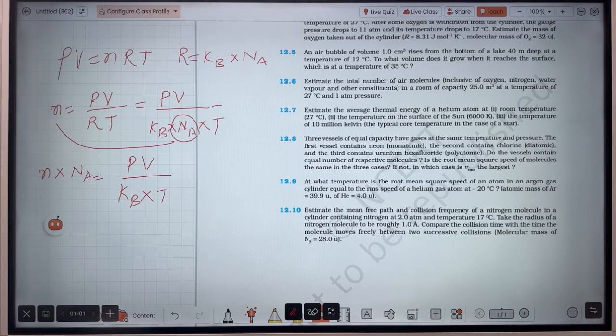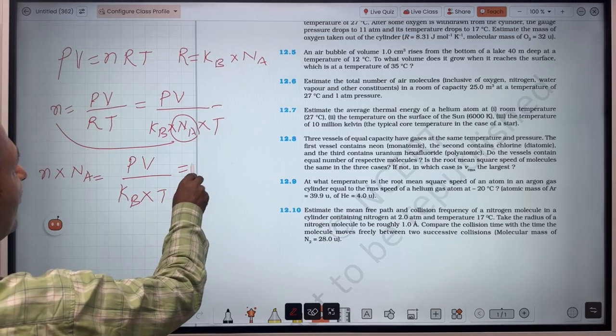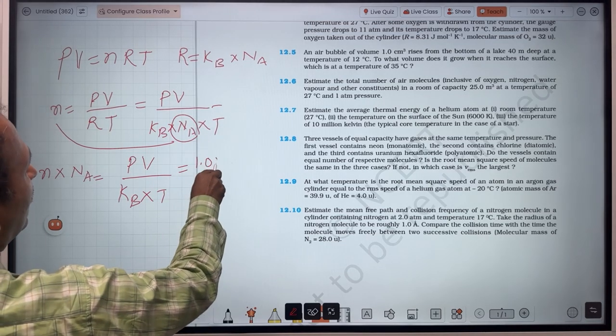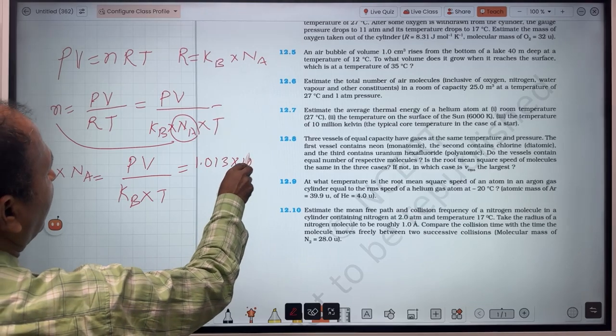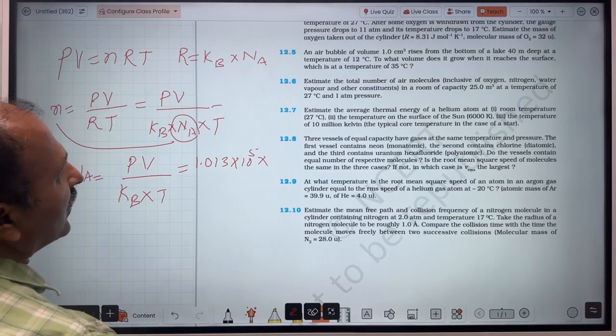So in our question, information is given that the capacity is 25 meter cube, and temperature and pressure are given. So it is simple. So 1.013 into 10 power 5 into volume.